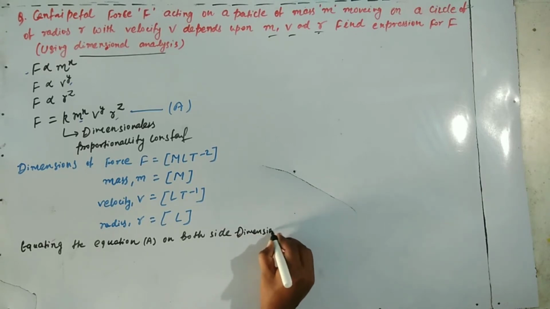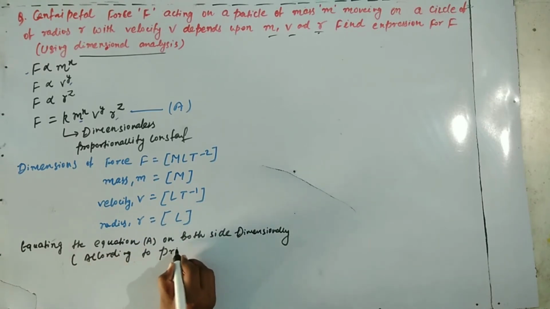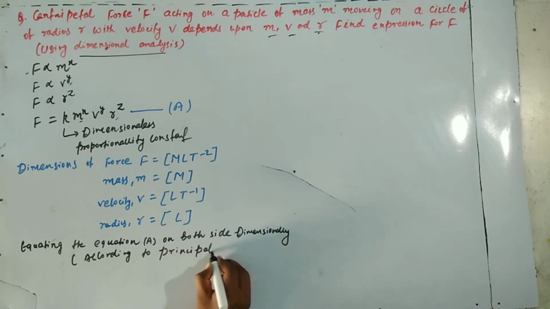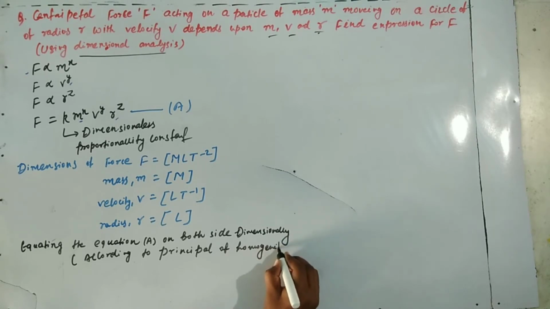Equating equation A on both sides dimensionally takes place according to the principle of homogeneity. The principle of homogeneity was already discussed in the last video, so you can see that video.